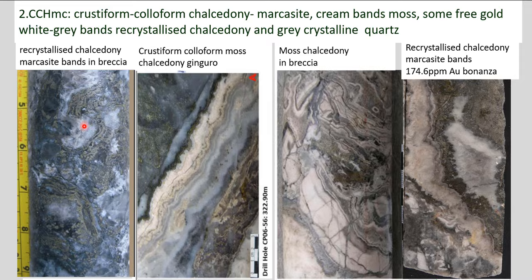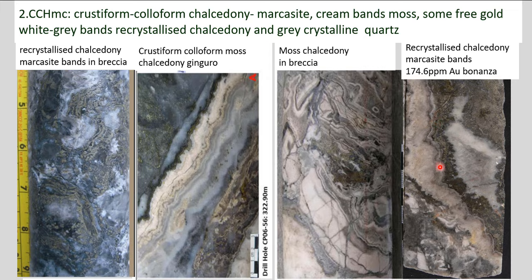And then the third sample has, it's a little bit hard to see, but that creamy coloured quartz there, that's moss textured chalcedony. Okay, and the one on the right, particularly, you can see the difference between the white and the grey. That's recrystallized chalcedony in the white, and the grey is crystalline quartz.